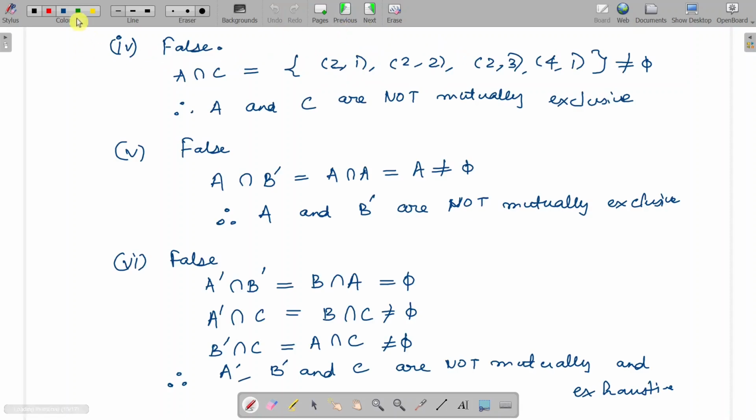So what we can say is, it is not mutually exclusive, but it is exhaustive. But that will not make the statement true, because both should be satisfied, right? So the statement is false.